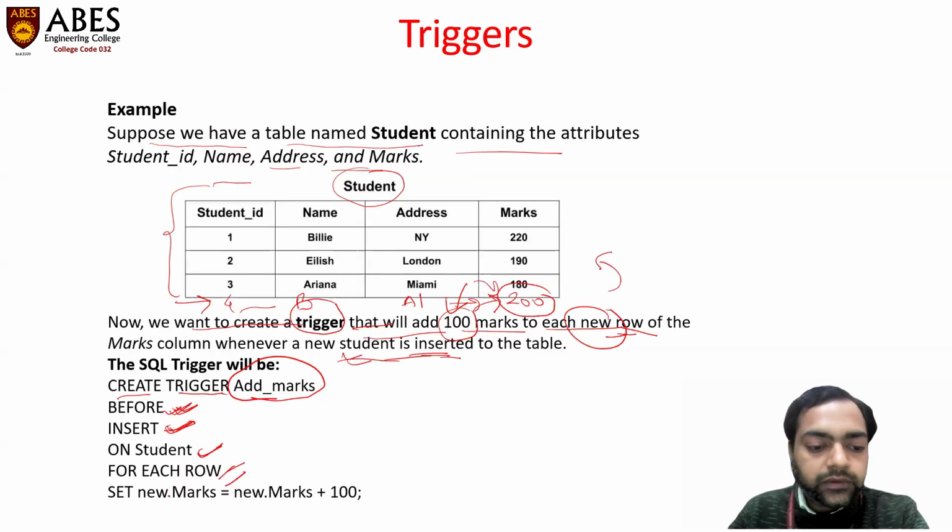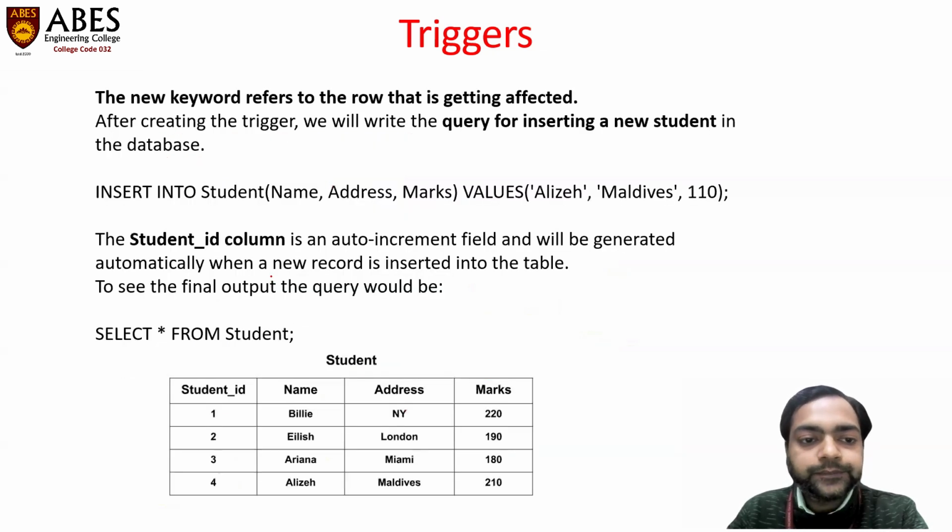So here, set new marks equals new marks plus 100. It means it will check the value of the marks which will be inserted into the student table. First of all, it will add 100 marks to it, and then add that particular row into the table.